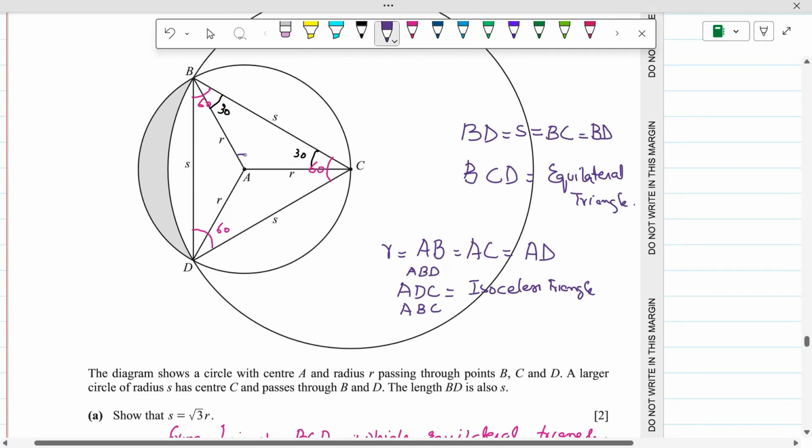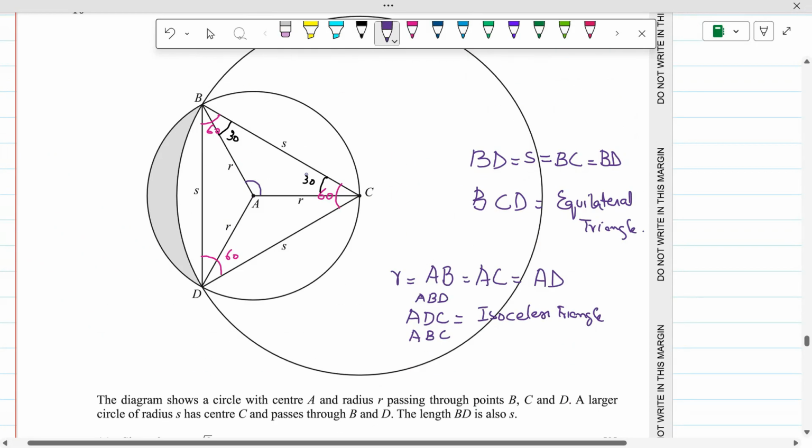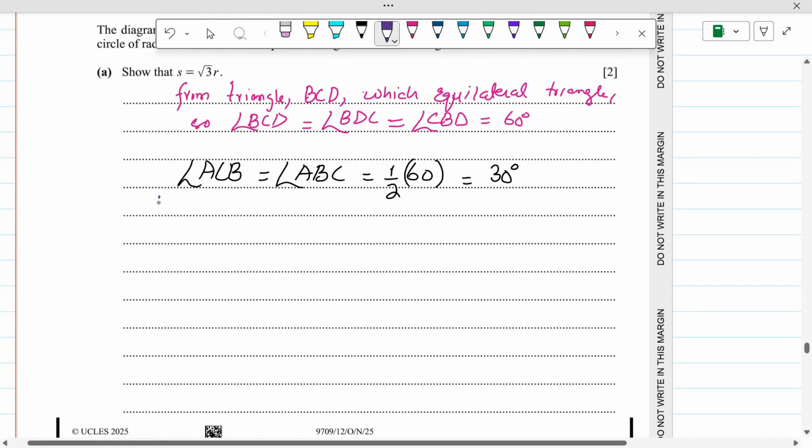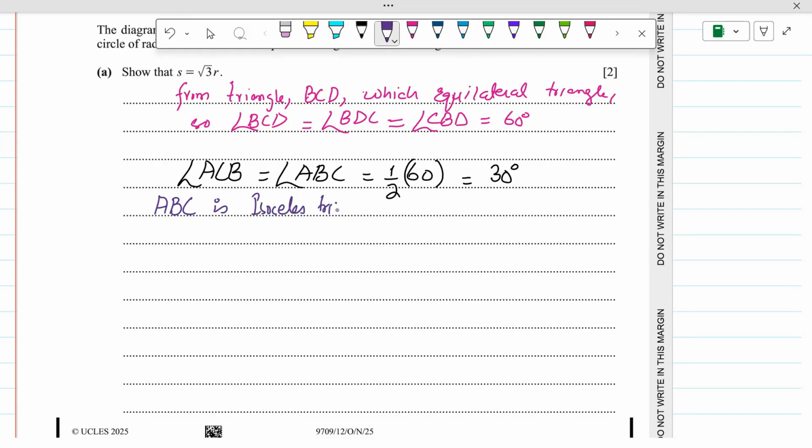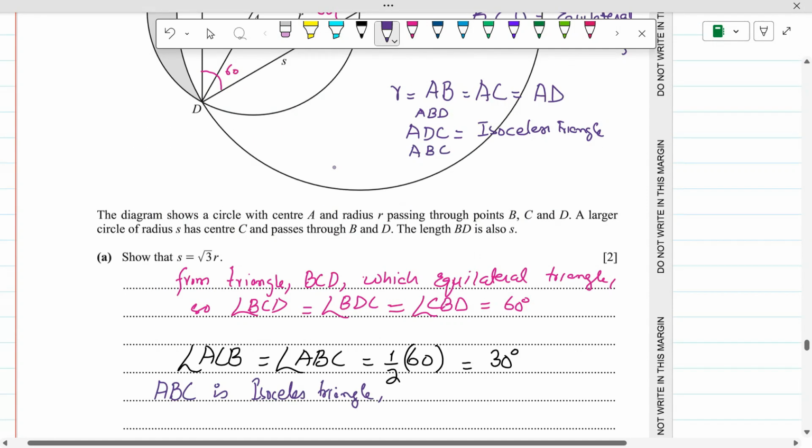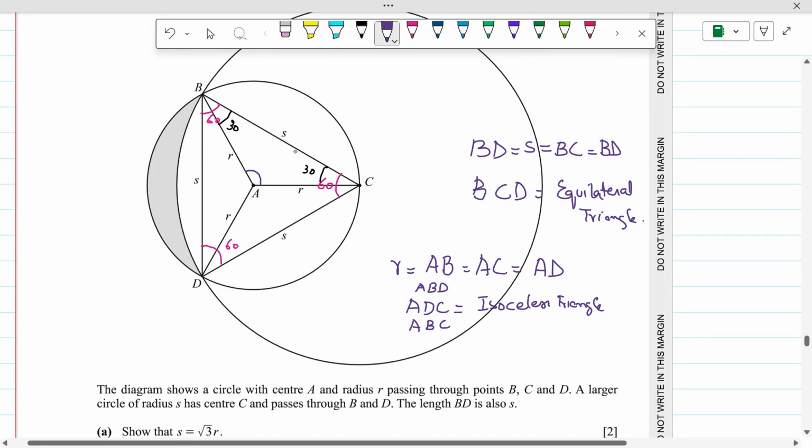We need to find this angle BAC, and we know that ABC is an isosceles triangle. So the sum of the angles of the triangle is 180.